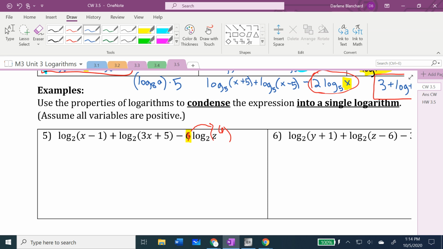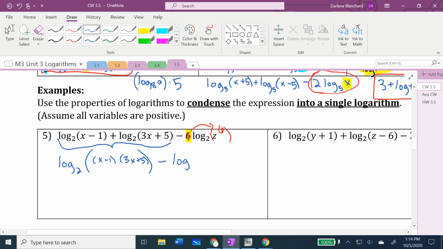And I'm going to do one step at a time. As I add these two logarithms, I can turn that into multiplication inside one logarithm. And then with subtraction, I can continue to bring that into one logarithm.